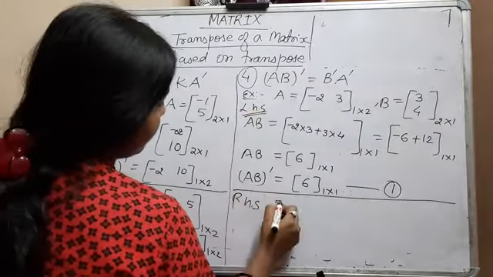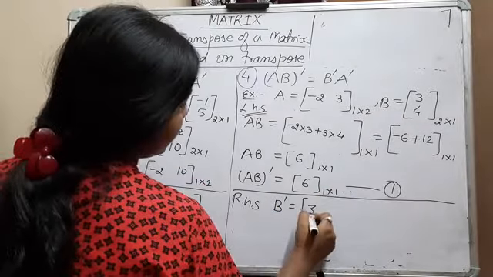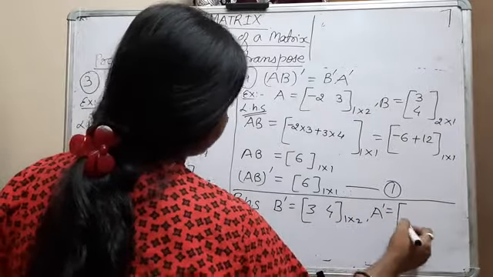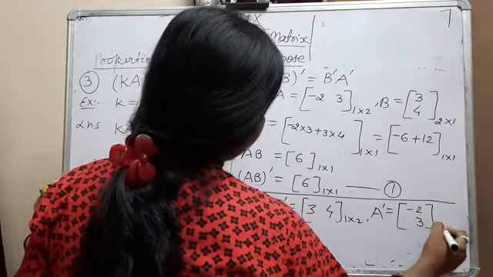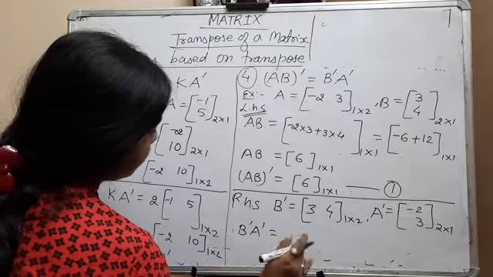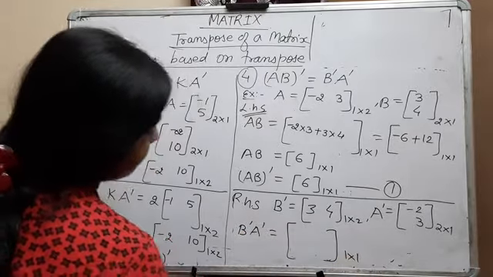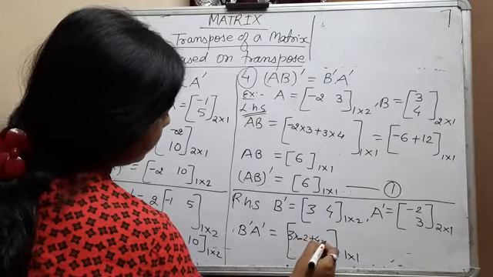Then we will find the right hand side part. First we find B dash, which will be 3, 4, of order 1 by 2. Then we find A dash, which is minus 2, 3, so it will be 2 rows and 1 column. So B dash A dash we will find, and obviously it will be of order 1 by 1. So 3 into minus 2 plus 4 into 3.